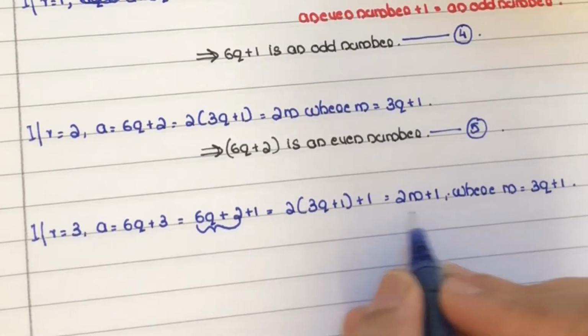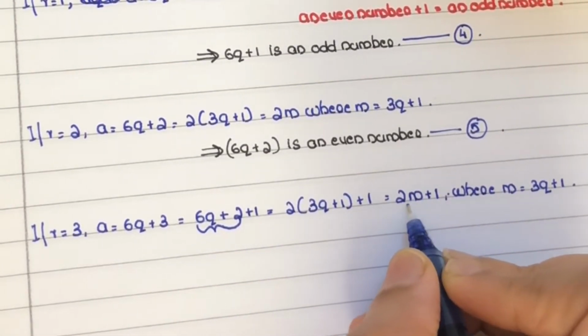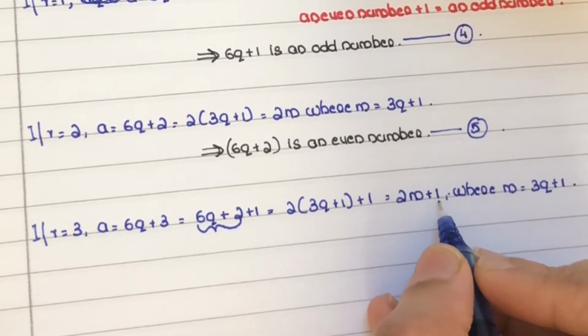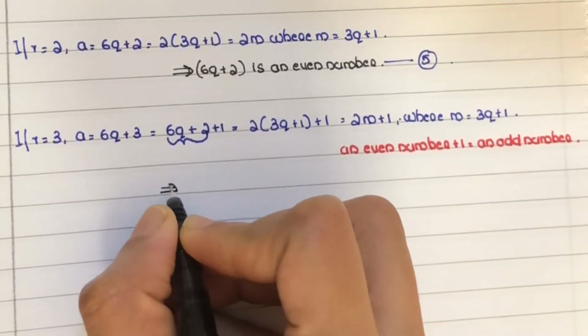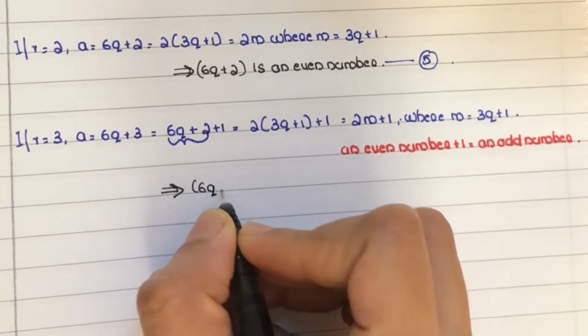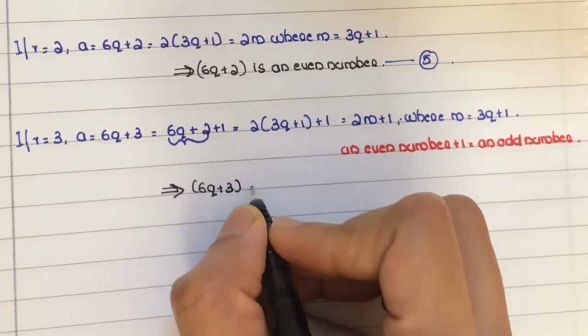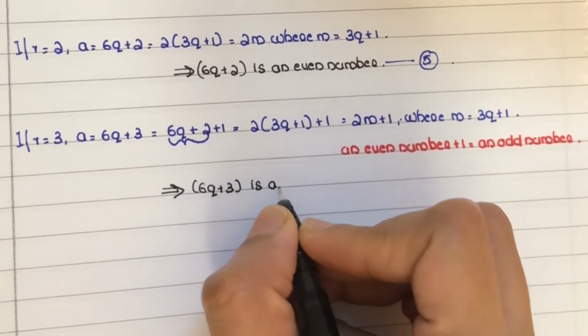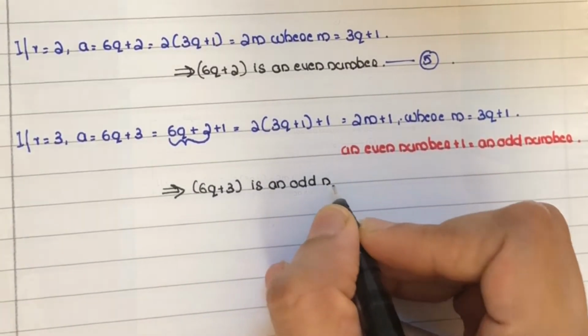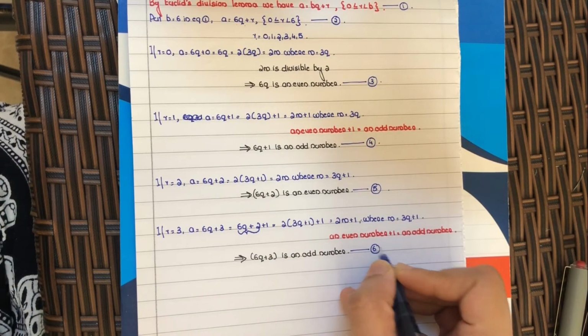Again 2 into m is an even number, and an even number plus 1 is an odd number. This implies 6q plus 3 is an odd number. Consider this as equation number 6.